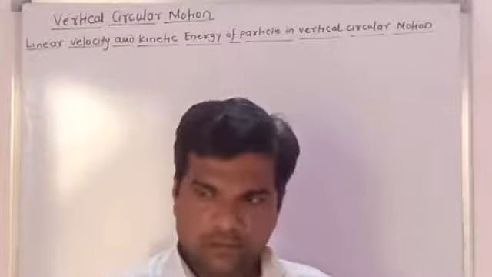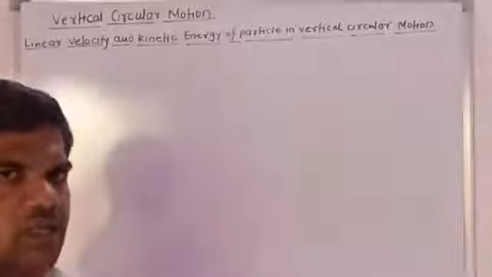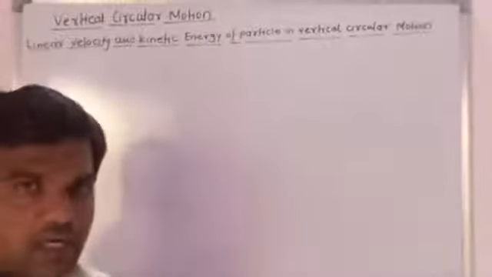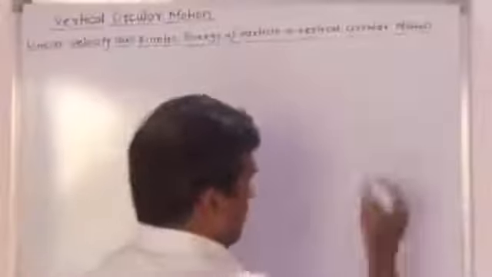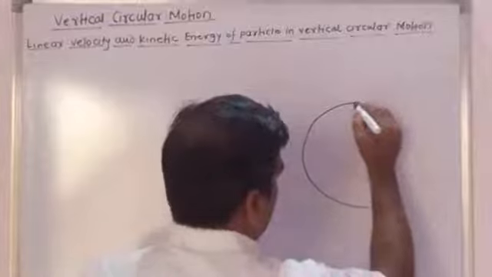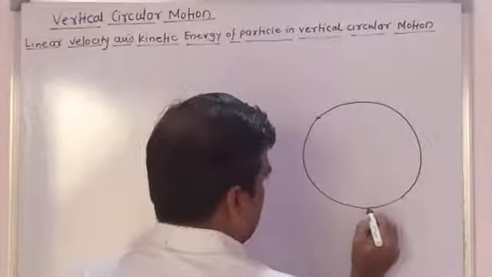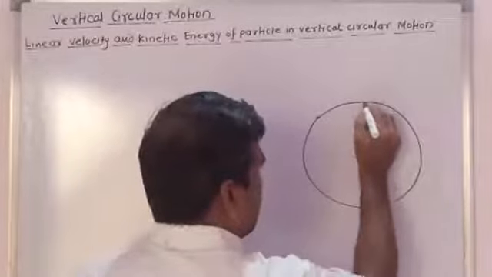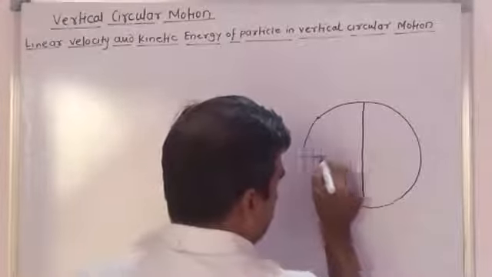As the particle performs this vertical circular motion, it possesses different positions, different linear velocities and different kinetic energies. So consider this vertical circular motion of a particle in the anticlockwise direction. Suppose this is the center, this is a diameter of this vertical circle, this is another diameter.